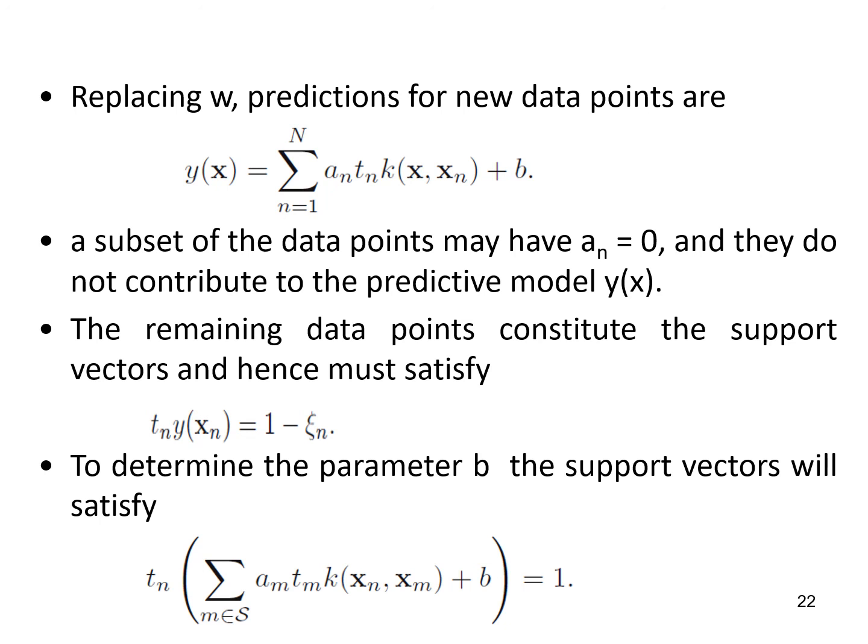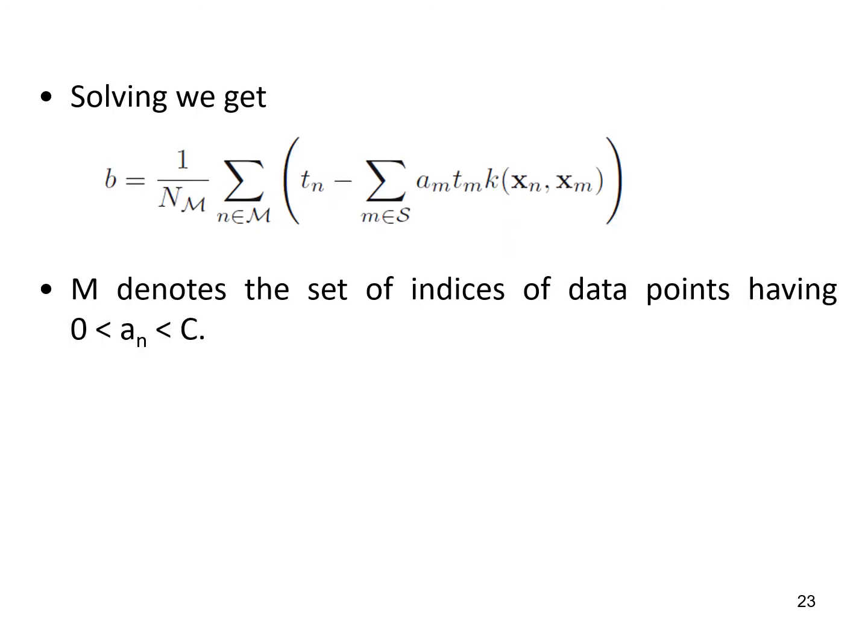A subset of the data points may have an equal to 0 and they do not contribute to the predictive model y(x). The remaining data points constitute the support vectors and hence must satisfy tn y(xn) equal to 1 minus xi n. To determine the parameter b, the support vectors will satisfy tn summation am tm k(xn, xm) plus b equal to 1. The solution for b is given.